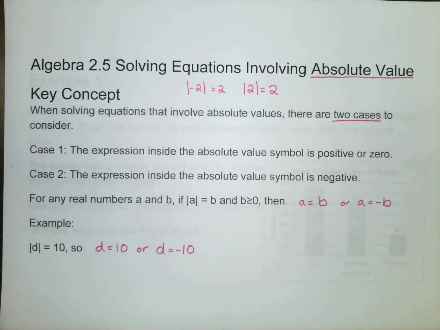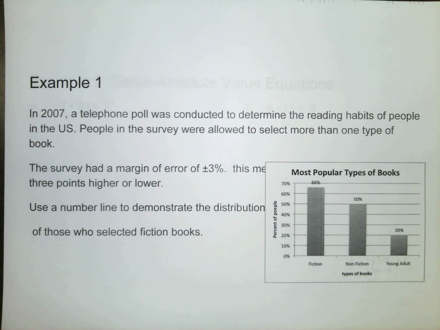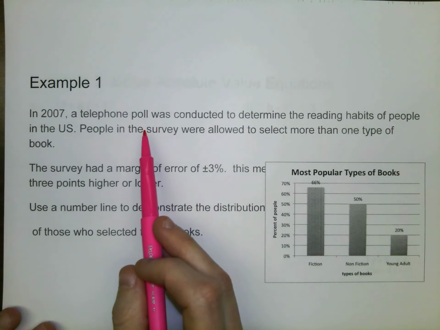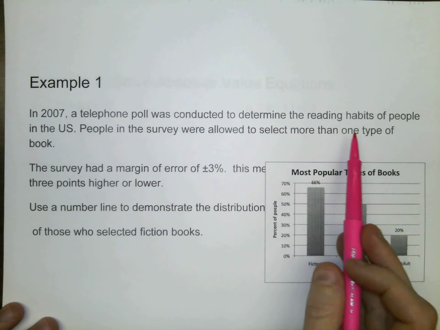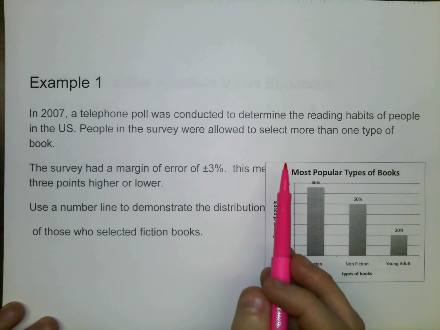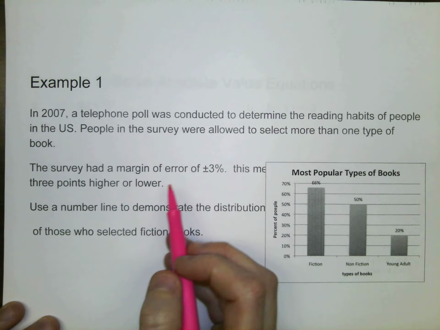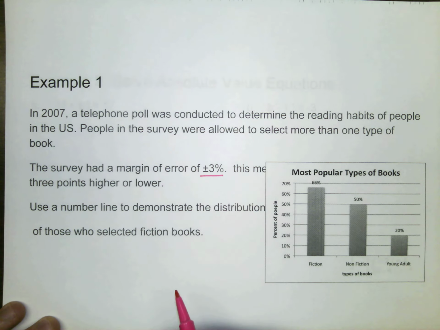So let's go on and see how this looks in a problem. In 2007, a telephone poll was conducted to determine the reading habits of people in the United States. People in the survey were allowed to select more than one type of book. The survey had a margin of error of plus or minus 3%.